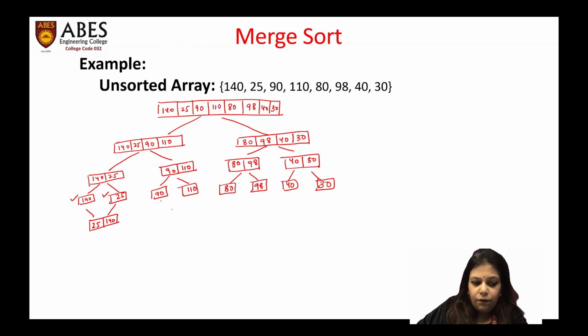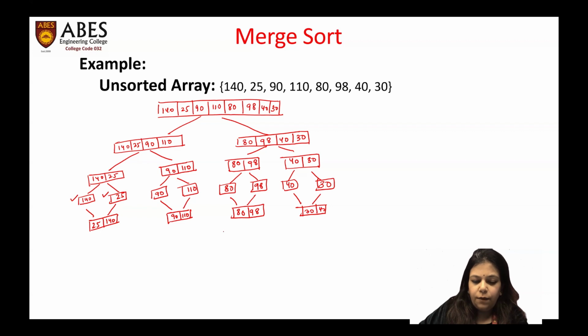So in this way, we will get 25 and 140 as the result of merging. And here we will get 90 and 110. Here we will get 80 and 98. And here we will get 30 and 40.